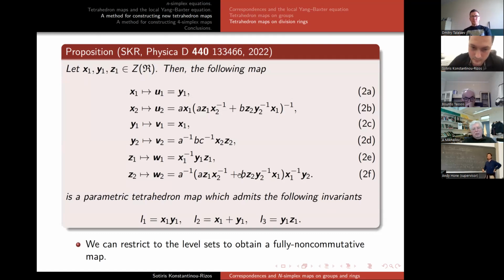And then you can restrict this map to the invariant leaves, the level sets of the invariants, to a fully non-commutative map.